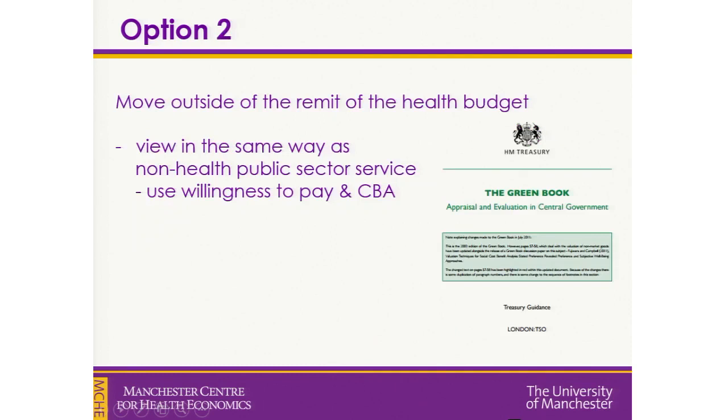Option two, health is viewed as a very specific public sector service within the UK, and appropriately so, because the market for health isn't like the market for other types of public sector services. But there's no reason why we might not take an approach like this, which the Green Book looks at non-health public sector services like education, and they do cost-benefit analyses.